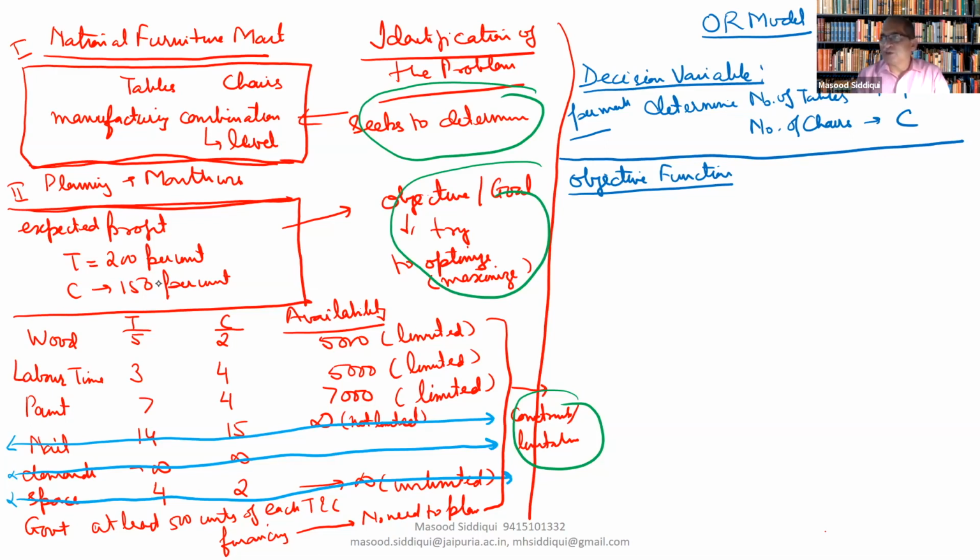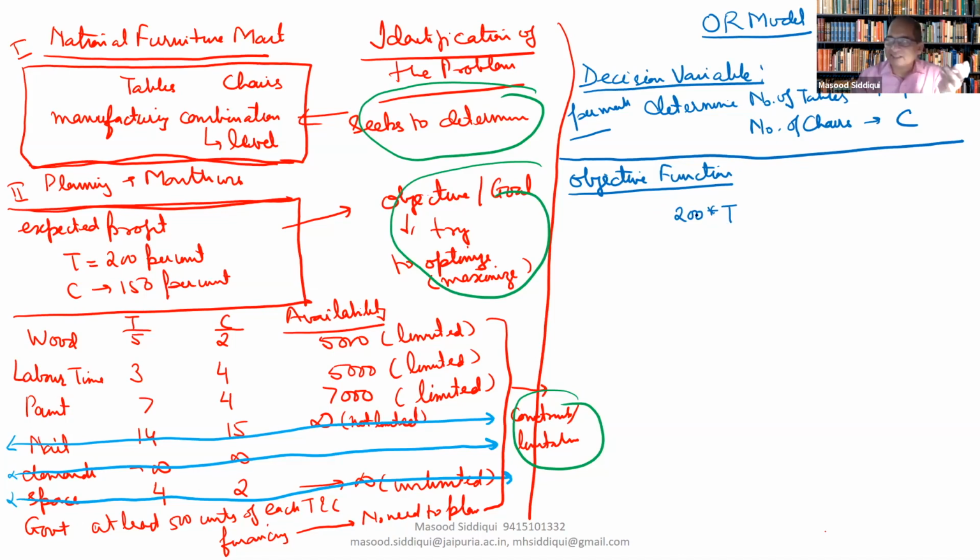Right? So if we have decided to produce T tables and the profit from a table is 200, the expected profit from the total number of tables would be 200 into T.